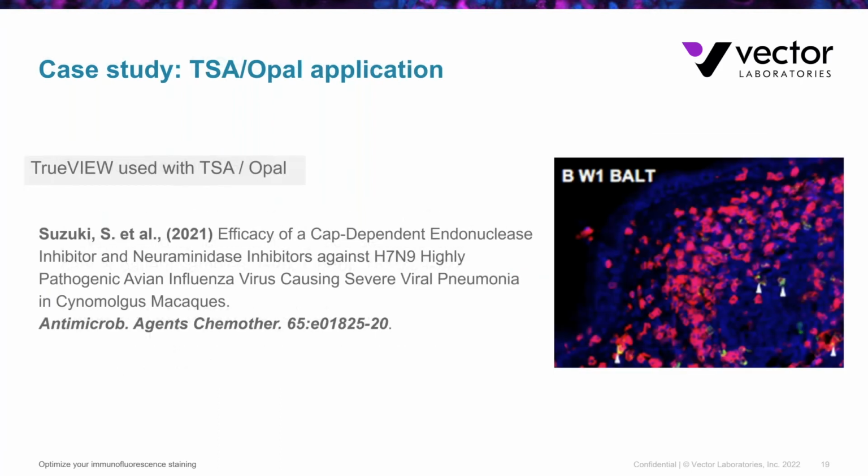This is another example. These investigators were using a fairly established technique, tyramide signal amplification, in combination with the Opal system from PerkinElmer. Importantly, these investigators were looking at infiltration of certain cells and antigens.